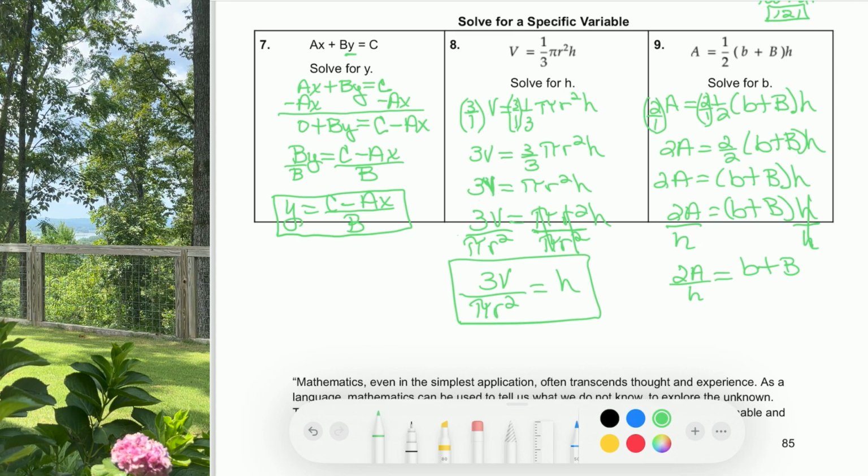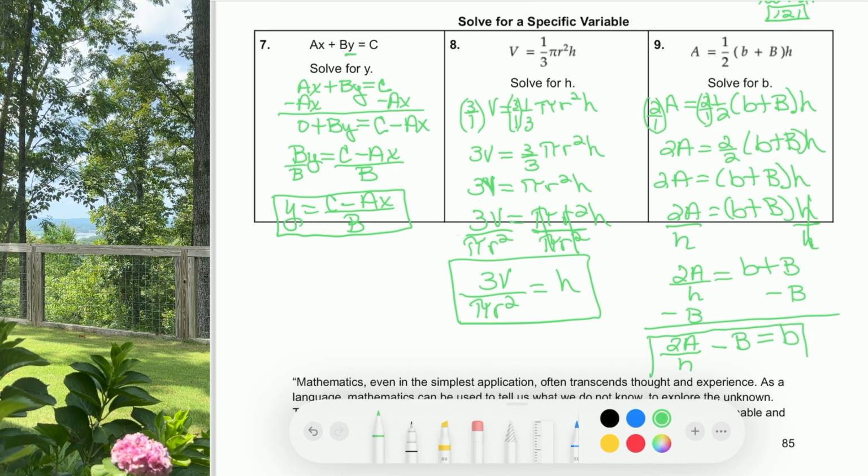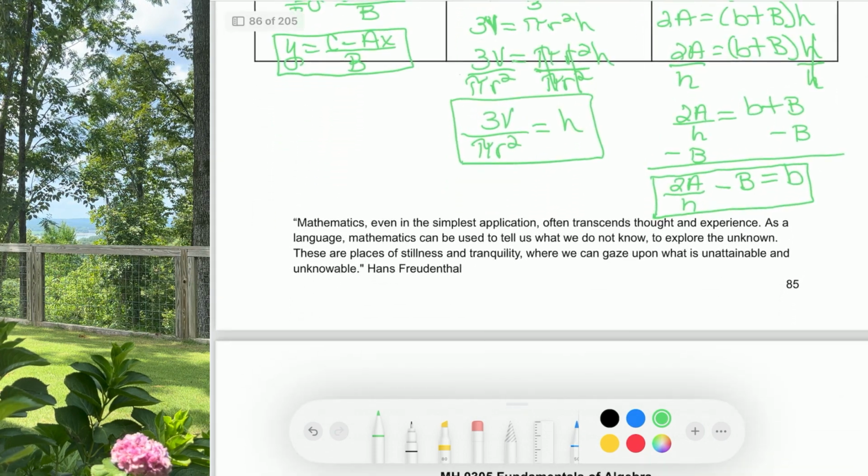And the way we're going to do that is we're going to subtract capital B. And our answer ends up being 2a over h minus capital B equals lowercase b. And that's our answer.